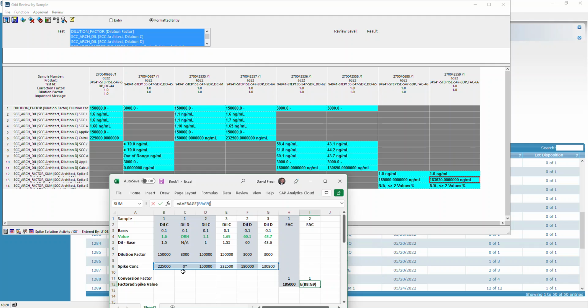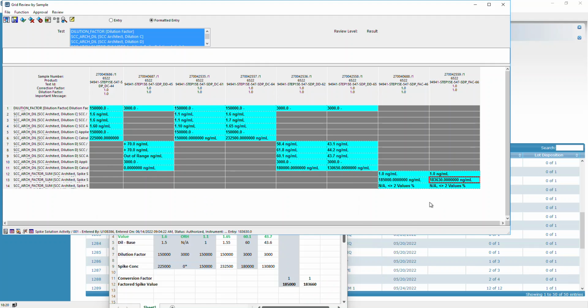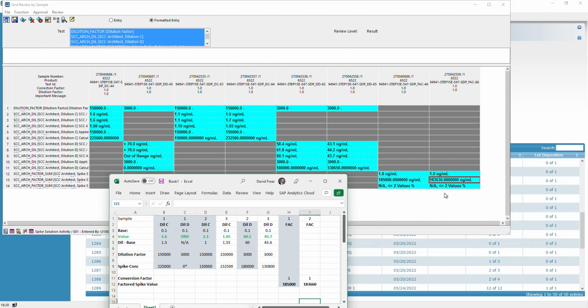Of course, not using the 0. And so that's why we get a value of 183,660. Looks like I've got a little bit of a rounding error somewhere in my math going to Excel, but it's pretty close.